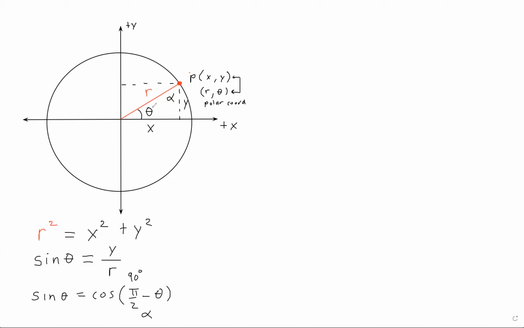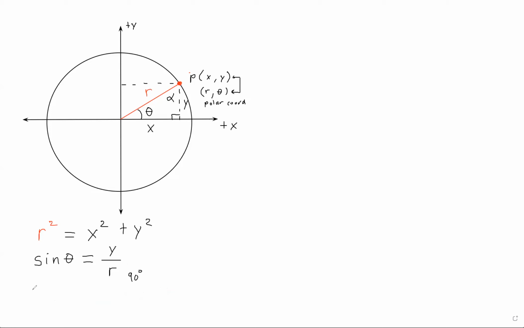So if we know theta, we can determine what alpha is, and we know that this is a 90-degree angle there; by definition, that's what makes it a right triangle. So arguably, if we know sine, we know cosine. The title says 3 fundamental equations, 3 basic equations, but on a more fundamental level, it's really just 2. You know one, you know the other.